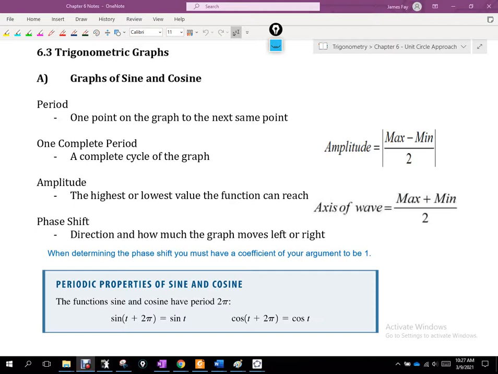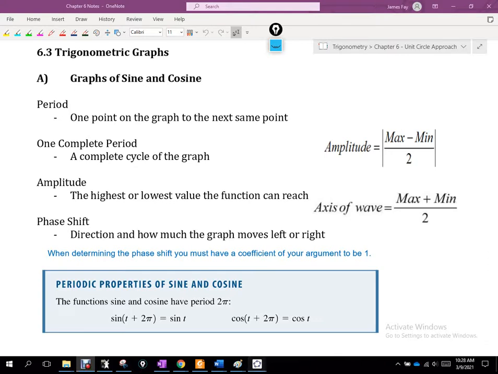Here you see it described as one point on the graph to the next same point. That's fine. I think that's how our textbook describes it. I like to think about it as the distance it takes for the graph to begin repeating itself.